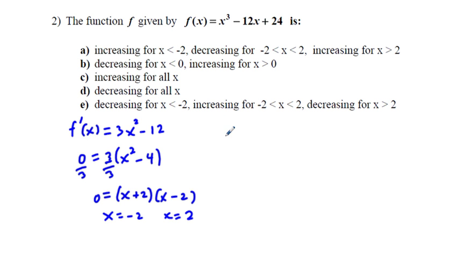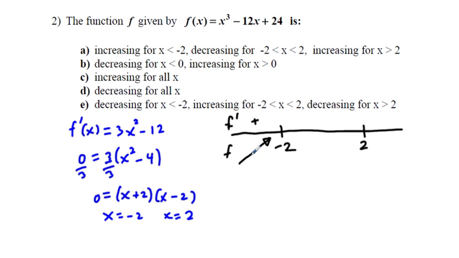And so we can now construct a number line, evaluate between -2 and 2, and on the top I'm going to put f prime of x, and on the bottom f of x. We evaluate a number less than -2, say -3. That's going to be a negative times a negative, which is positive. So our function is increasing from -infinity to -2. And then between -2 and 2, say 0, we have -2 times 2, which is negative.